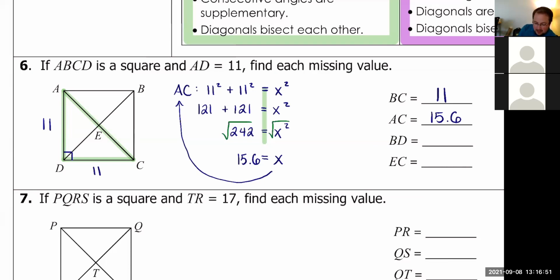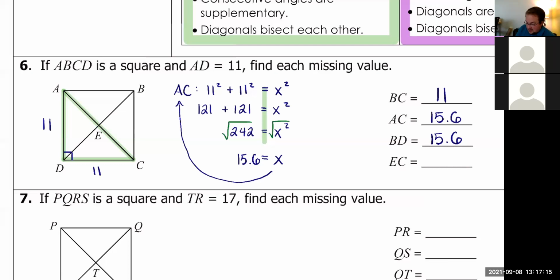If you look up above, for the rectangles, diagonals are congruent, which means AC and BD, both being diagonals, are going to be the exact same length. You would technically do the same thing, but because it's literally the exact same steps, it's going to give you the exact same outcome, which is 15.6.